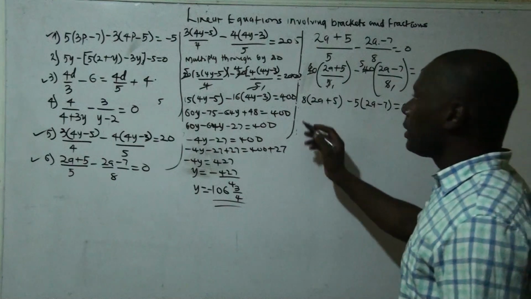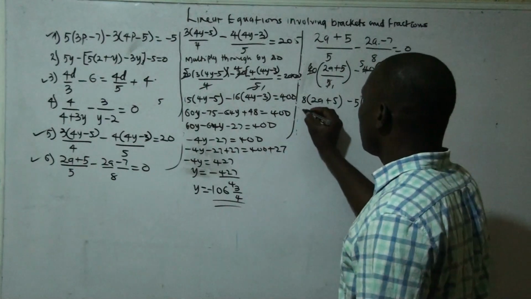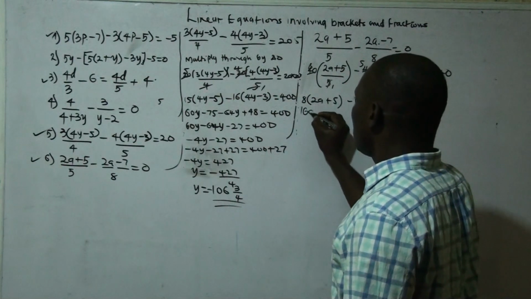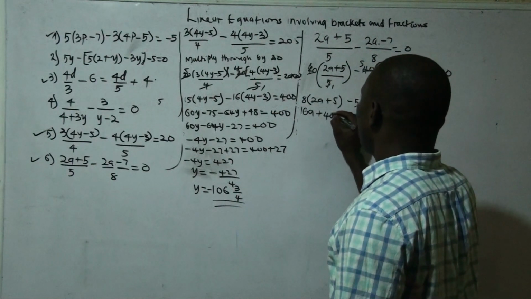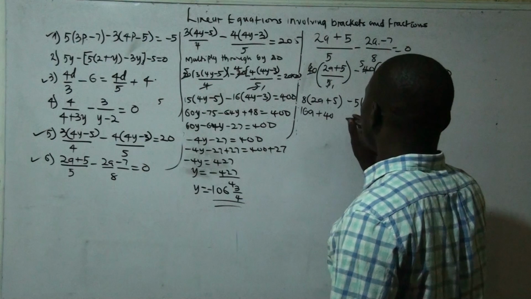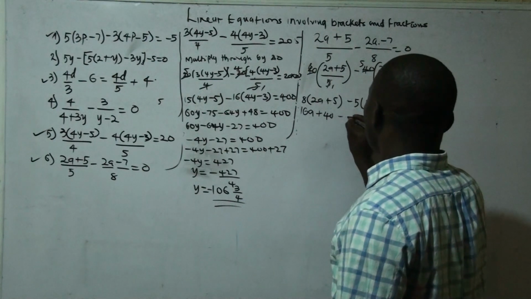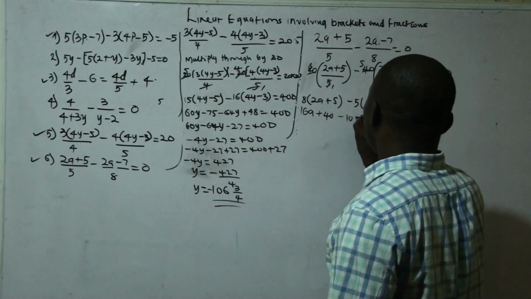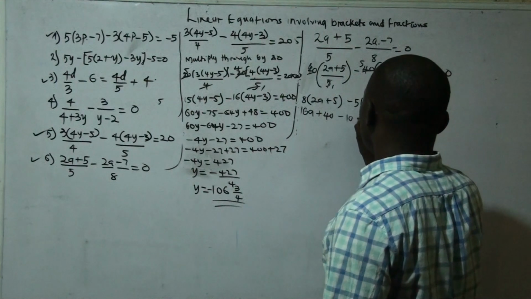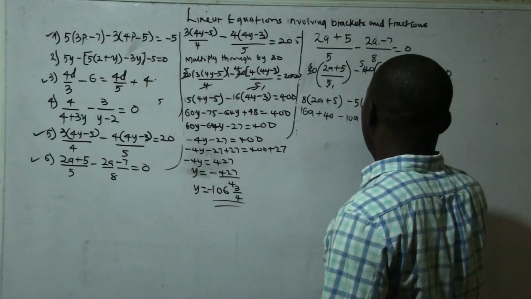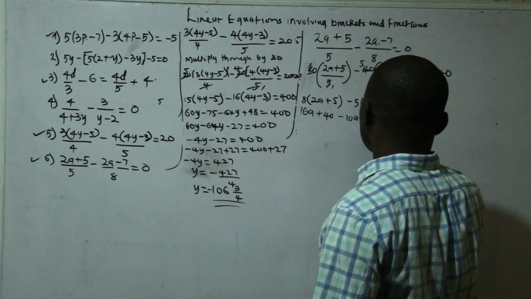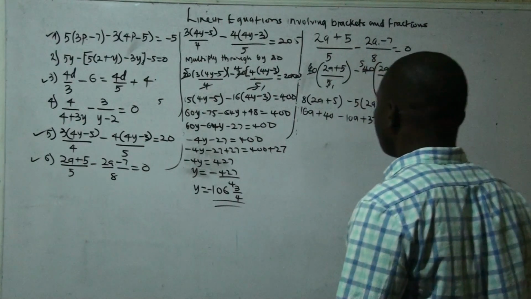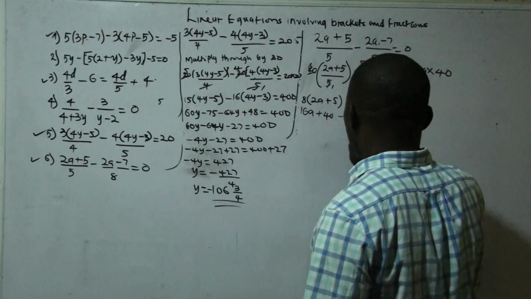So we open the brackets here. 8 times 2a gives us 16a. 8 times 5 gives us 40. Then minus 5 times 2a gives us minus 10a. Minus 5 times minus 7 gives us plus 35, and that is equal to 0. So here we collect like terms.